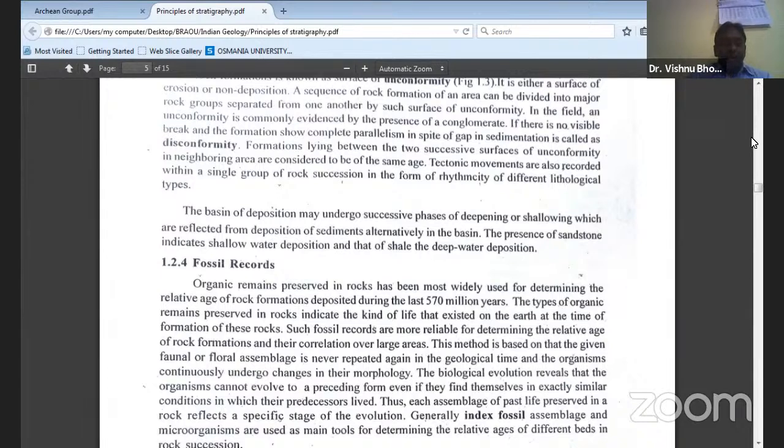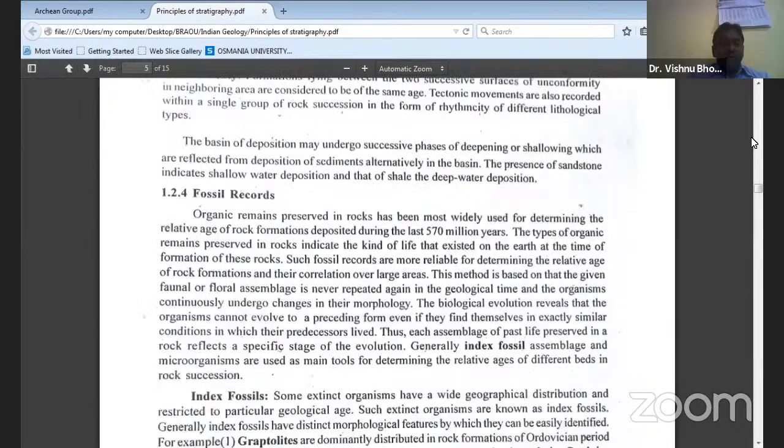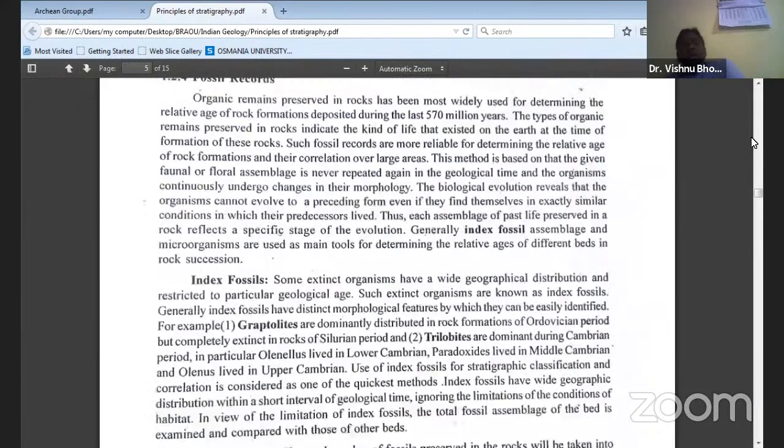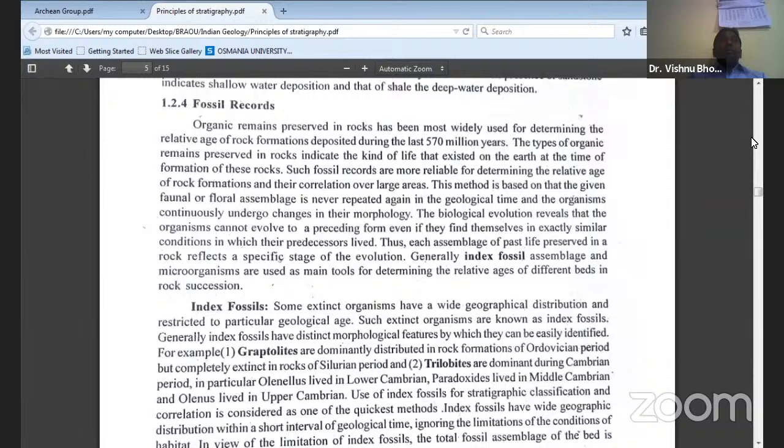And then fossil records. What are fossil records? Whatever animals or plants lived at that time, their bodies remained and were covered by other rock formations, and they give us an index of what lived at that time.